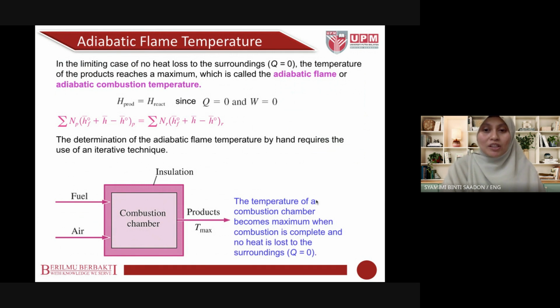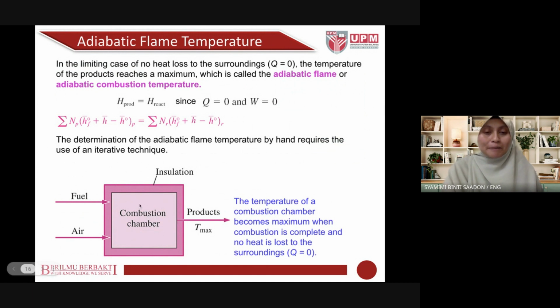The temperature of a combustion chamber becomes maximum when combustion is complete and no heat is lost to the surrounding. So if we insulated our heat exchanger, the combustion chamber, there is no transfer of heat within the device, and during the combustion process the combustion is complete.